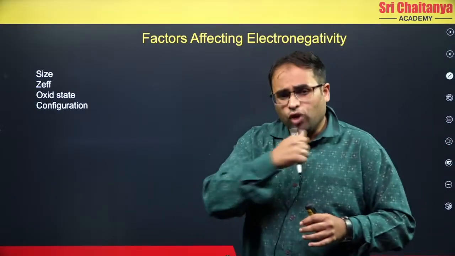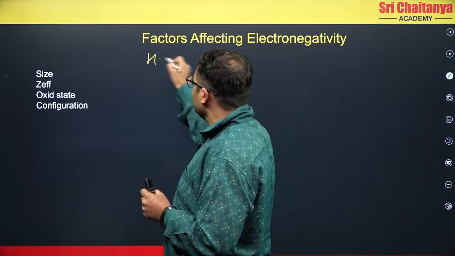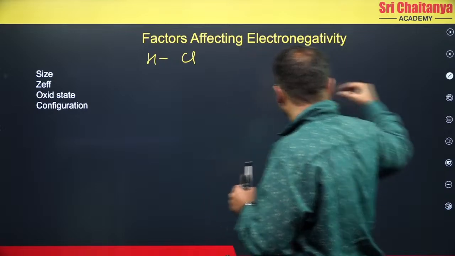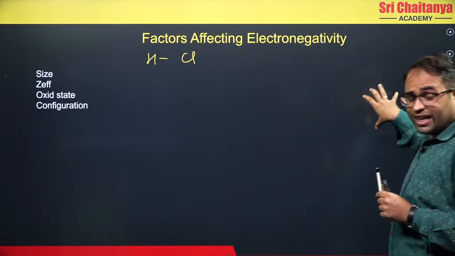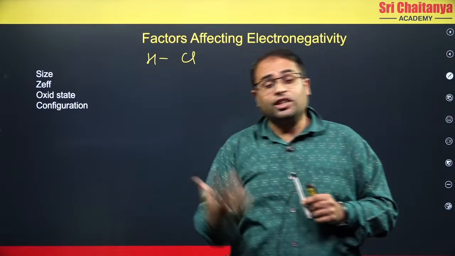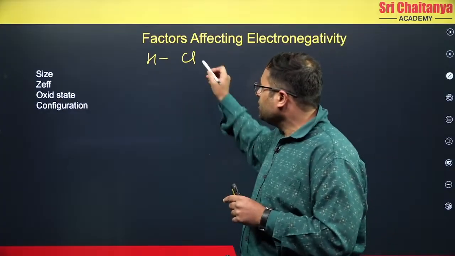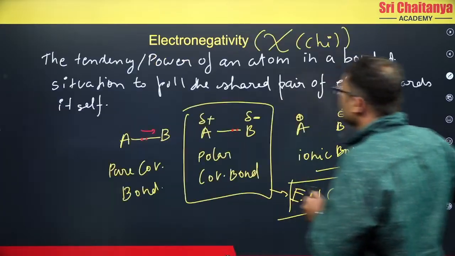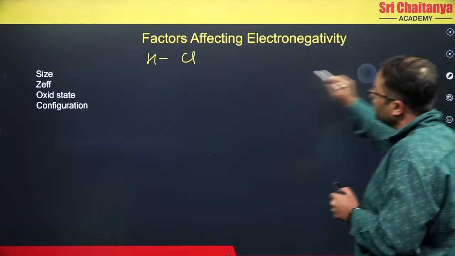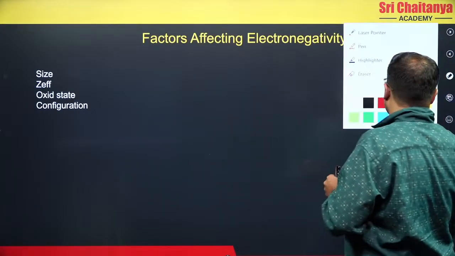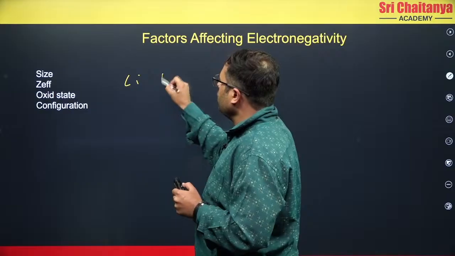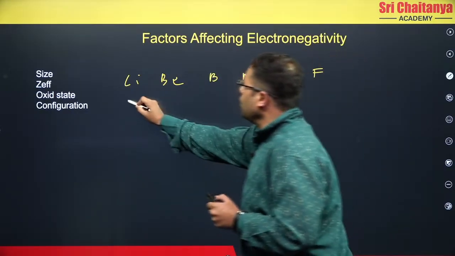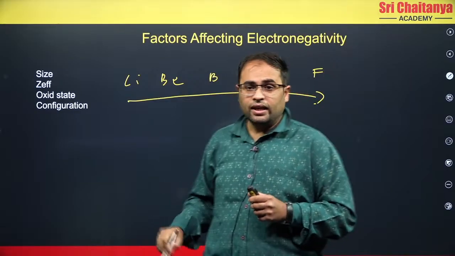Electronegativity is what? You're pulling, right? So suppose you have HCl, chlorine. Why? Because chlorine is moving towards the end of the period, right? It is in the end of the period. As you're moving from left to right, let us understand that also, period 1. So as you're moving from here to here, what is happening?